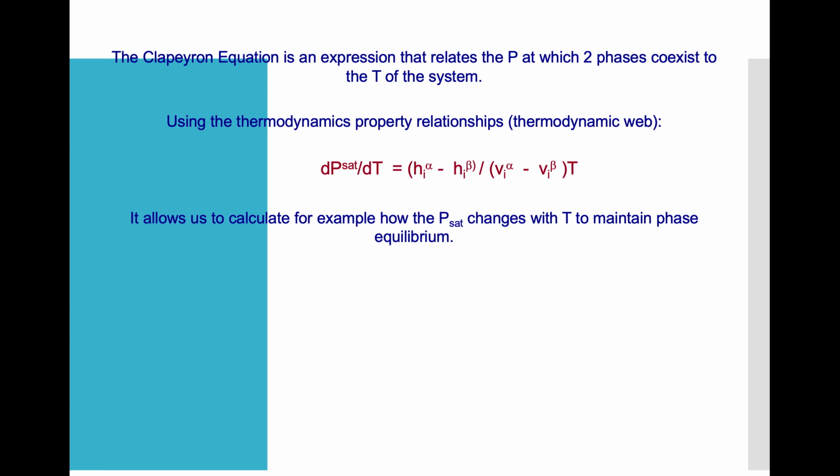This is one of the important equations for you to really understand how it works, because with just two phases, alpha and beta, you can get the change of saturated pressure over T, so you can get the value.